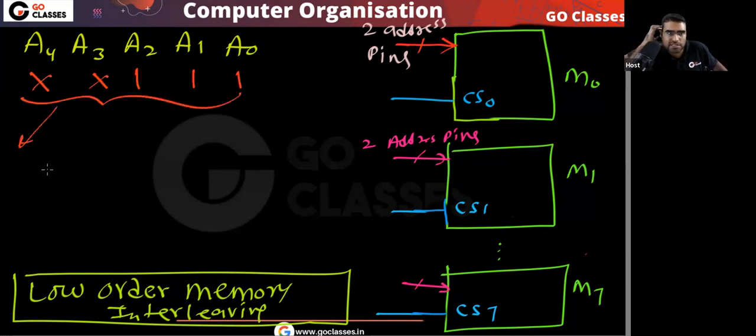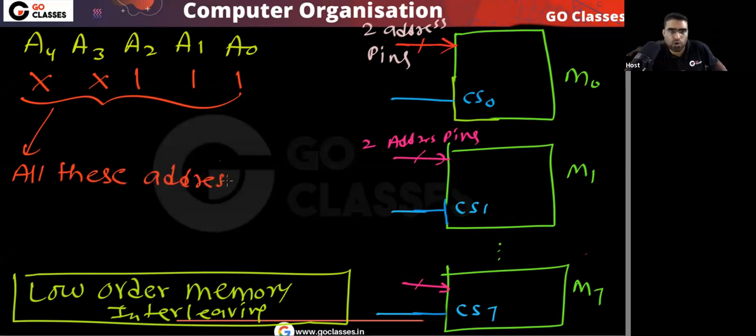So all these addresses map to M7. For all these addresses, M7 is activated and accessed.